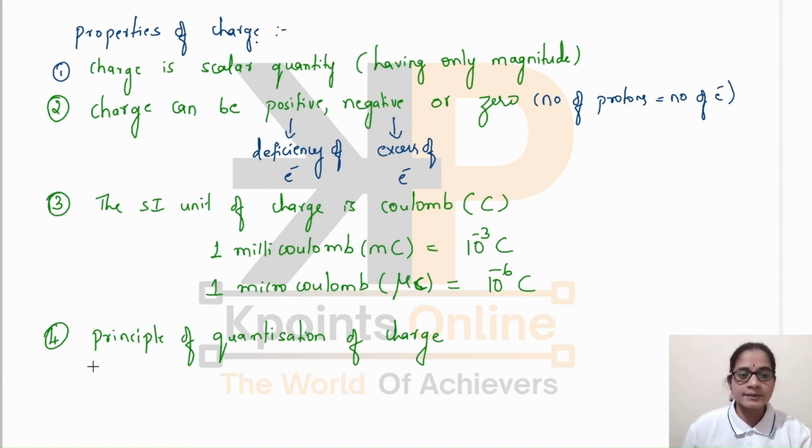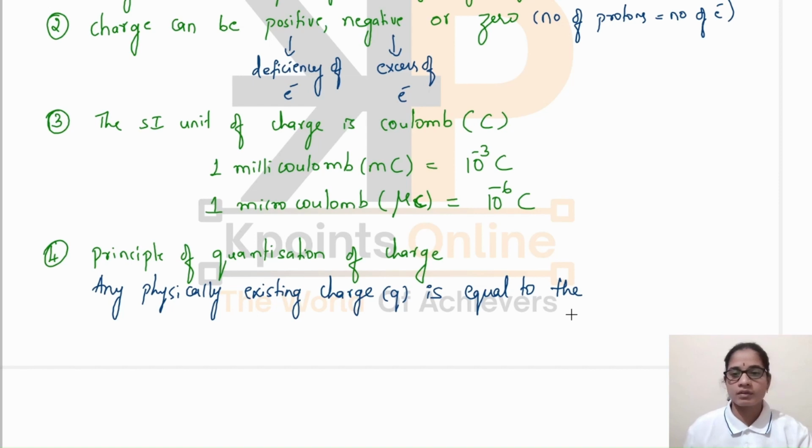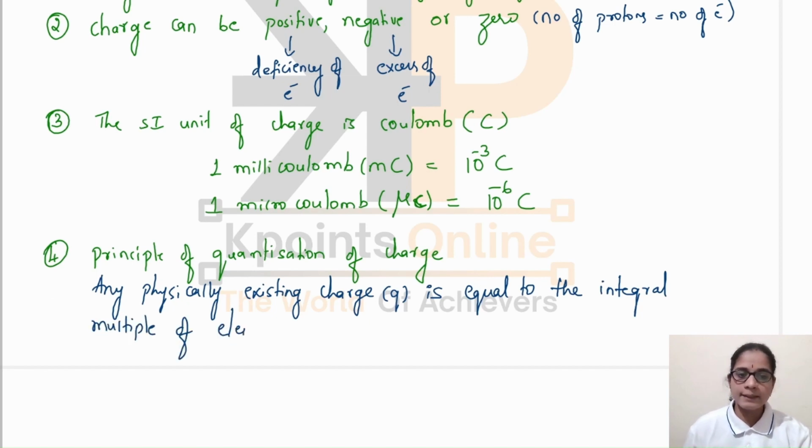It says that any physically existing charge Q is equal to the integral multiple of elementary charge or fundamental charge.